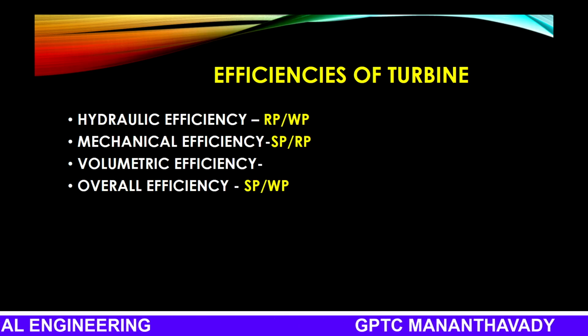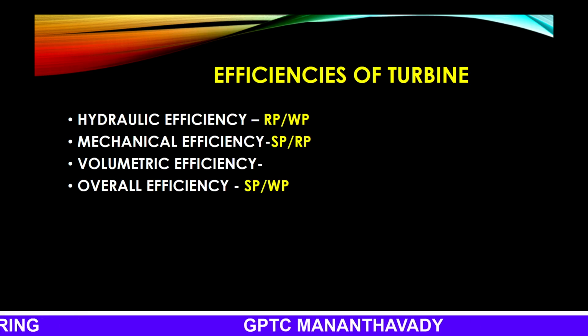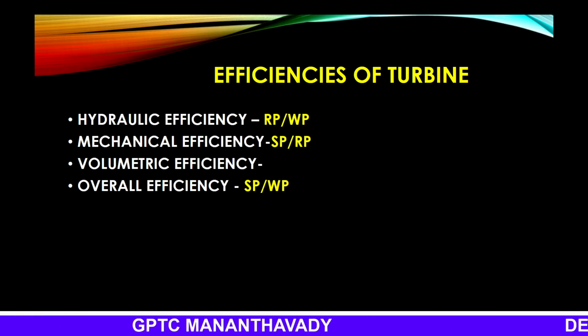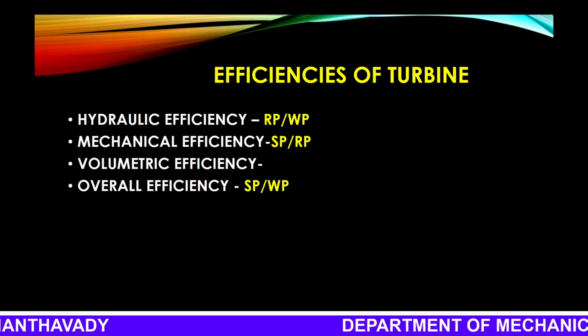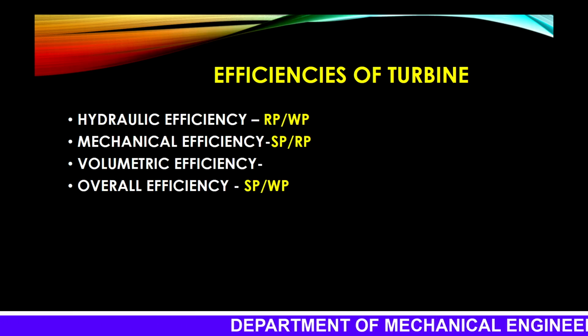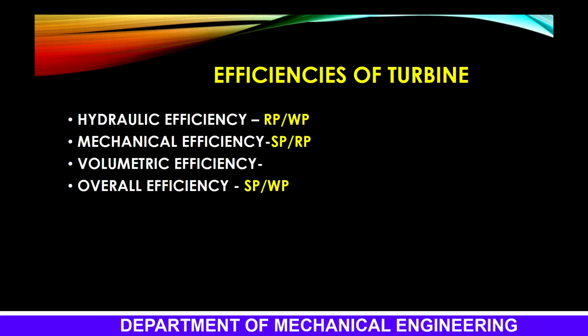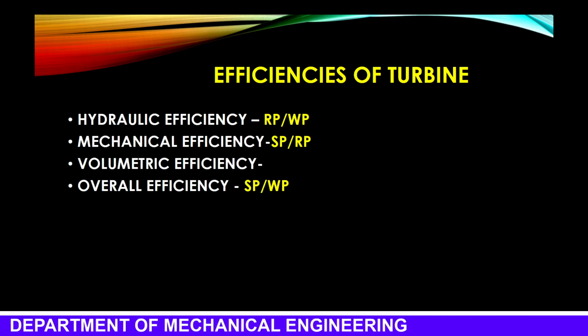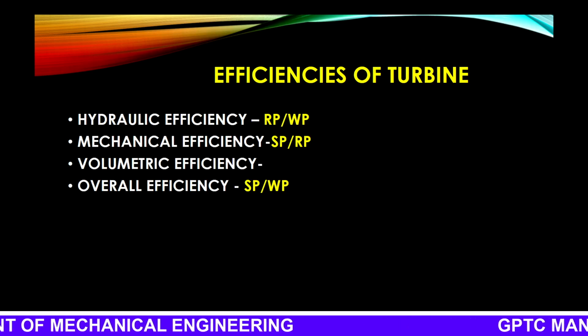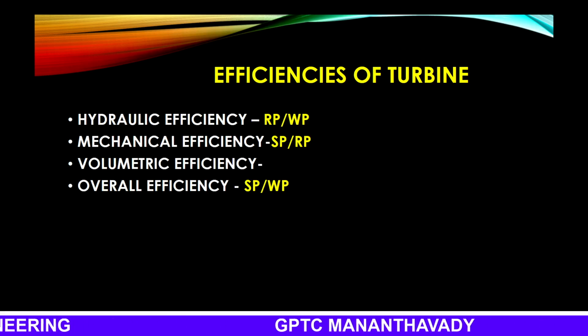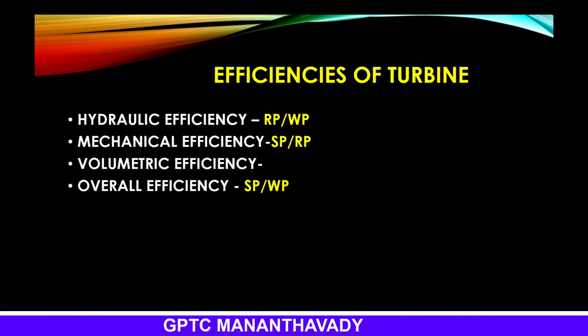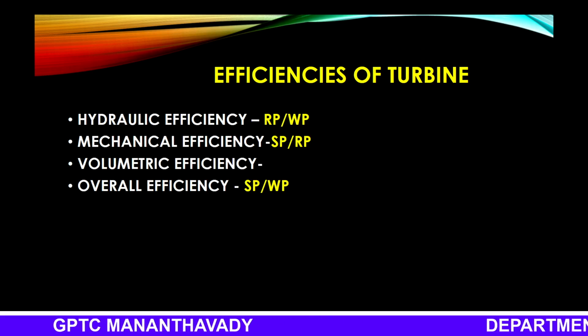Due to some mechanical reasons, the power available at the shaft is less than the power delivered to the runner. So the ratio of power available at the shaft, known as SP or BP, that is brake power, to the power delivered to the runner is defined as mechanical efficiency. Mathematically, we can write it as SP divided by RP, that is shaft power to runner power.